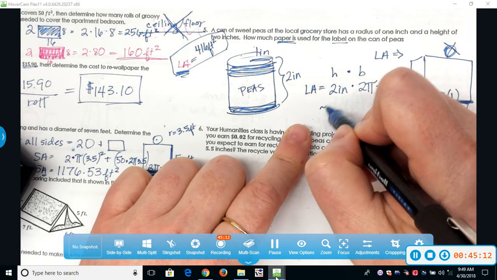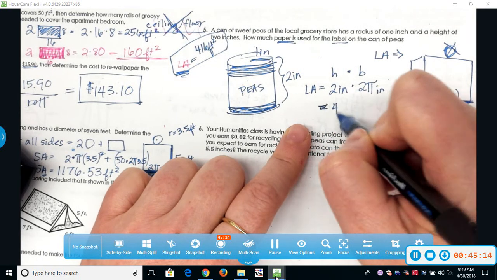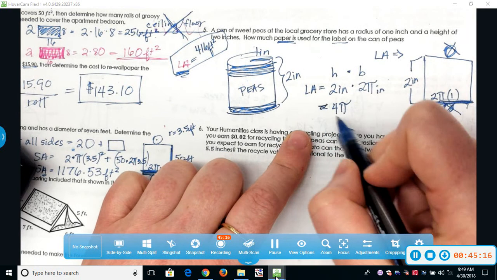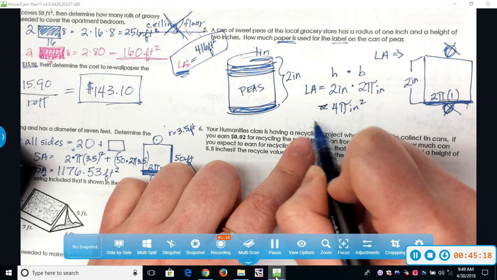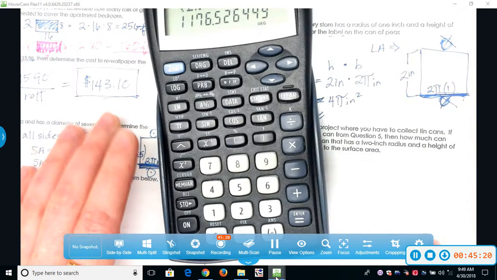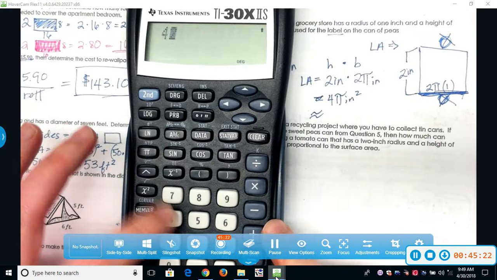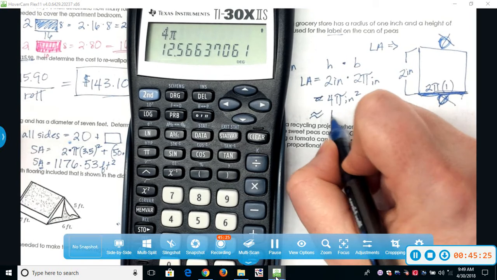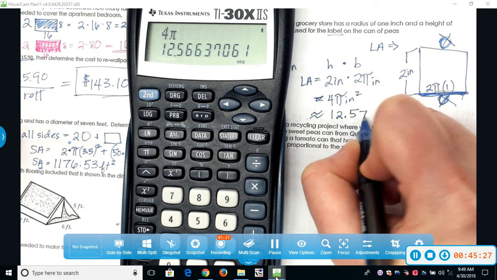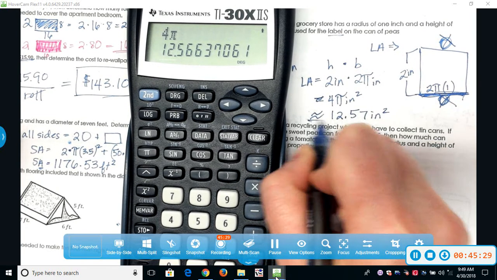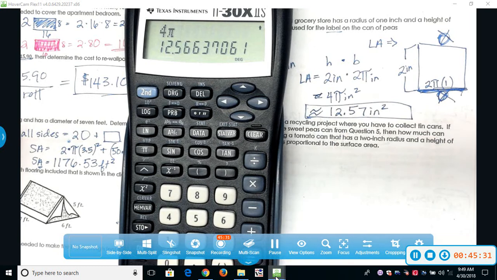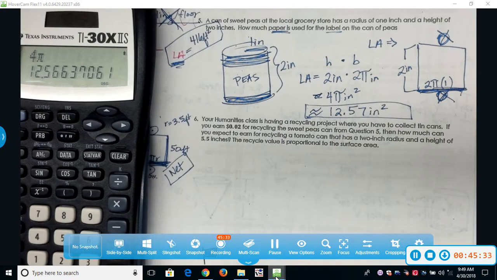So really I have 4 pi. If they wanted an approximation, I would plug this into the calculator. 4 times pi gives me 12.6 inches squared. Boom. Done.